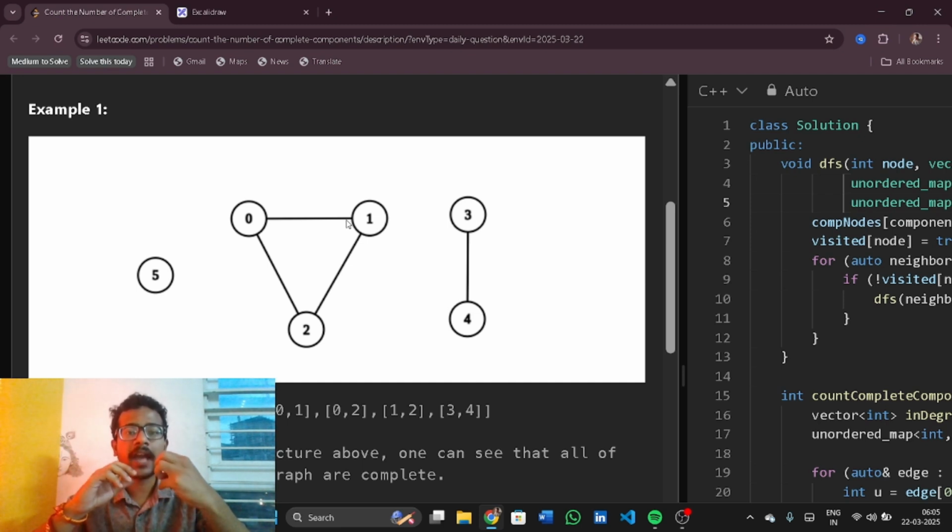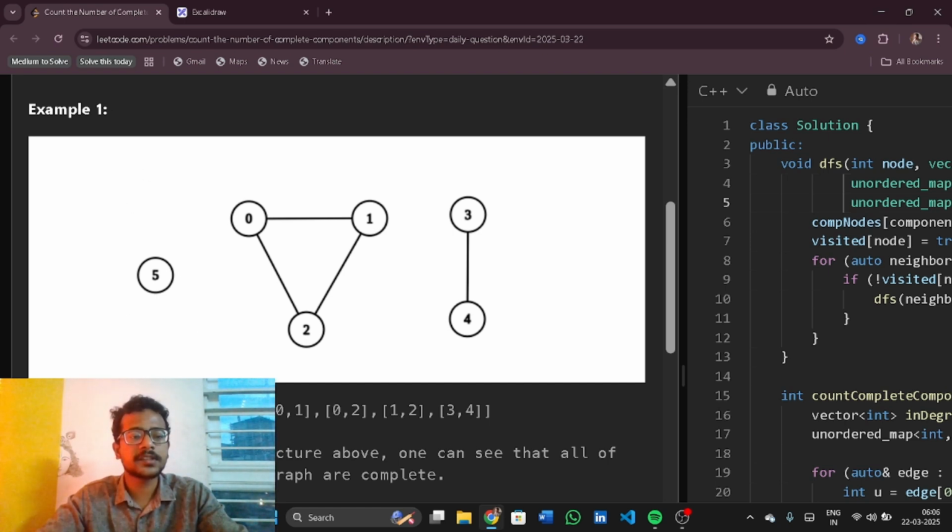Let us see: 0 has an edge with 1 and also with 2, so it has an edge with all the other vertices in the same component. Now 1 also has edges with all the other vertices in the same component. Now 2 has edges with 0 and with 1, so it also has edges with all the other vertices.